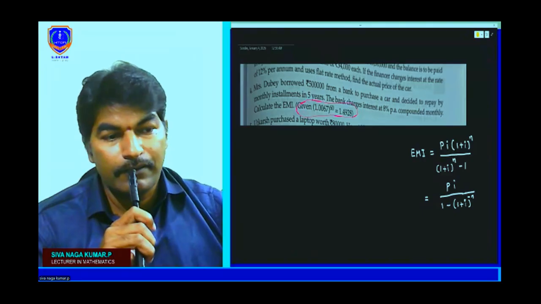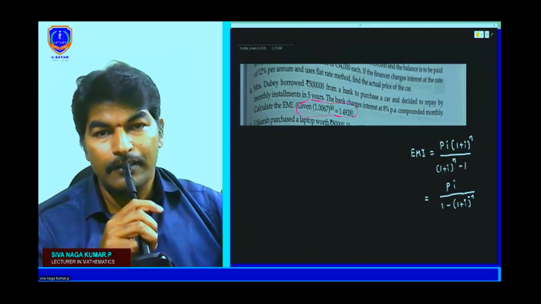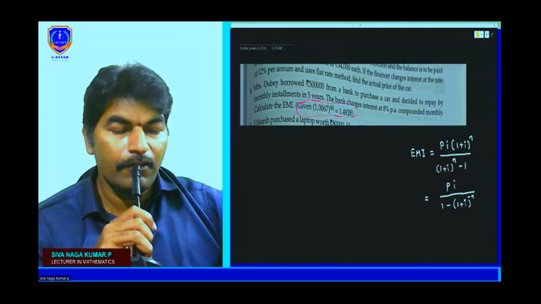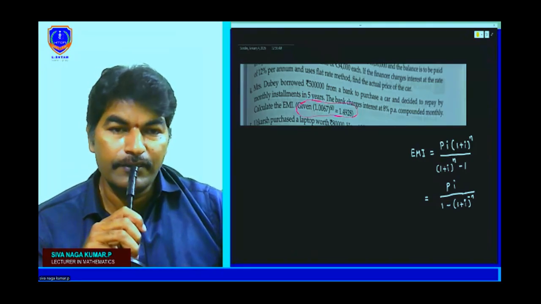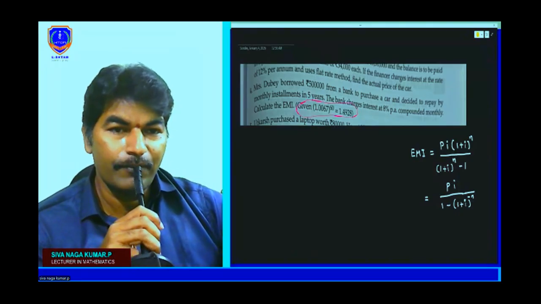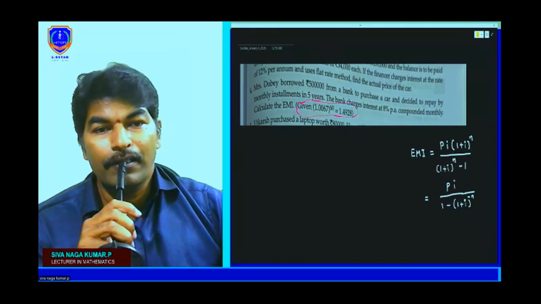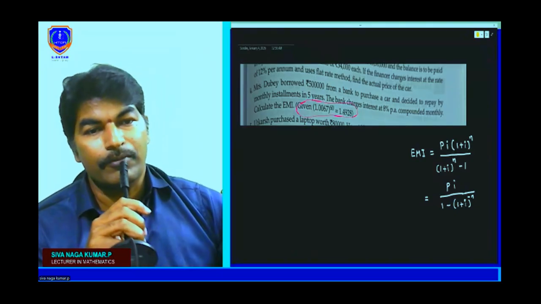Often students get confused. Which formula should we use to calculate EMI if it is a 5 marks problem? It depends upon the clue that was mentioned in the problem.